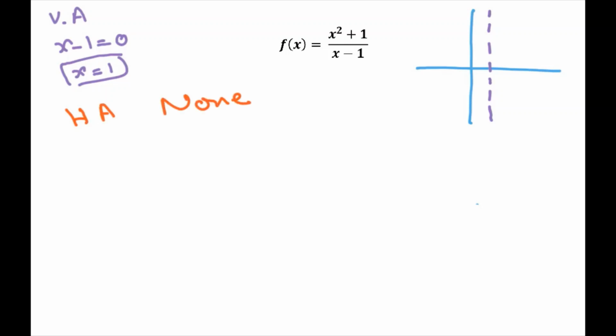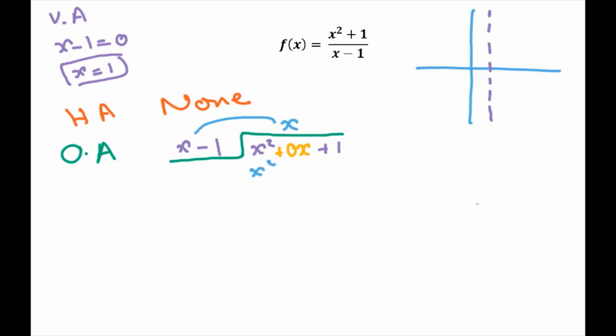Okay, now for the oblique asymptote, we're going to use long division. So we're going to divide x squared plus 1 by x minus 1. Now we do have a missing term here. We replace it by 0. And now we start dividing. x squared divided by x is x, multiplying x squared minus x.